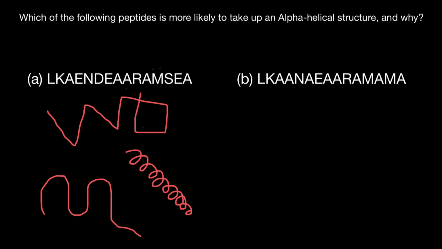Evolutionarily, our cells are not going to use higher energy cost products if we have other low energy products in order to make a desirable, in our case, protein. So now we are going to consider both these amino acid sequences from the point of view of how much energy is needed to make an alpha-helical structure. The less energy we need, the more probable that this sequence or this sequence is going to be used to make such a helical structure.